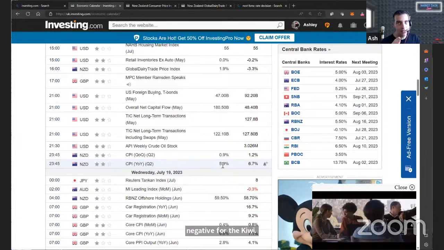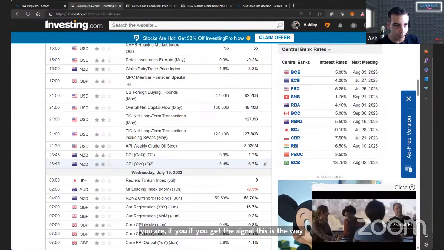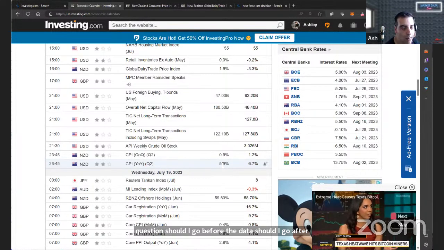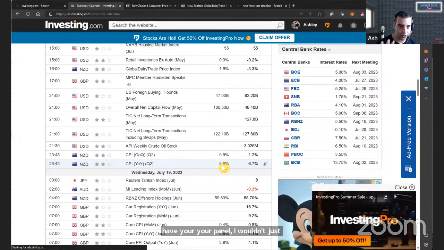Now, if you get the signal, this is the way to trade this. With the data, this is always the question: should I go before the data? Should I go after the data? It doesn't really matter in many respects. What matters is that you have your pattern, and I wouldn't just trade it without some sort of signal.